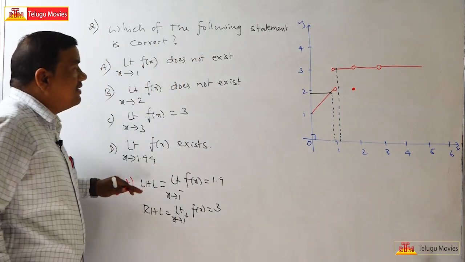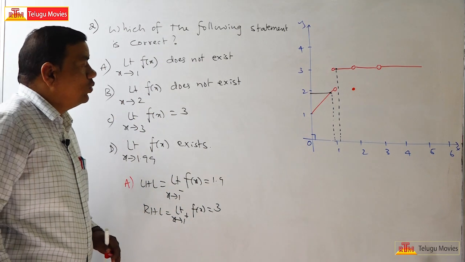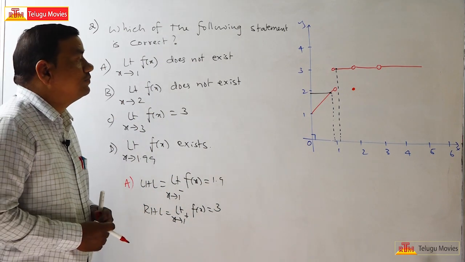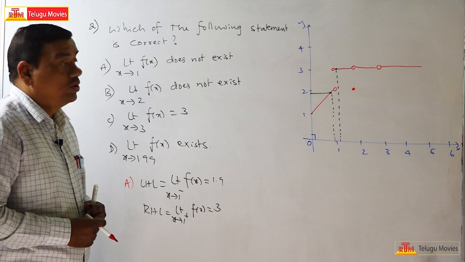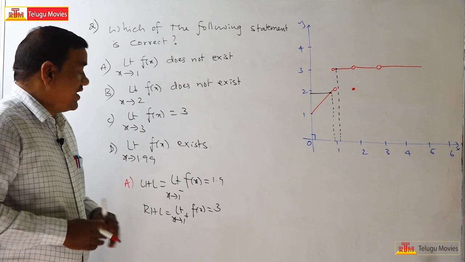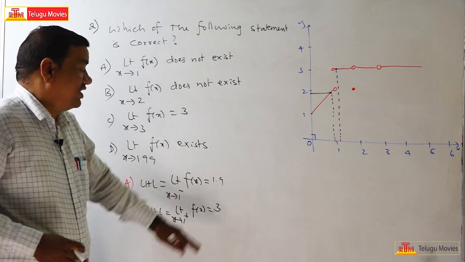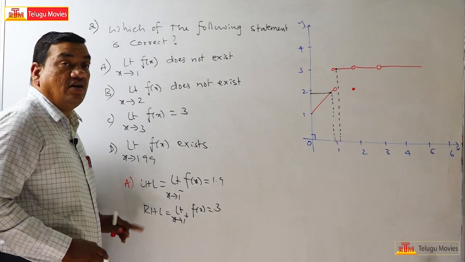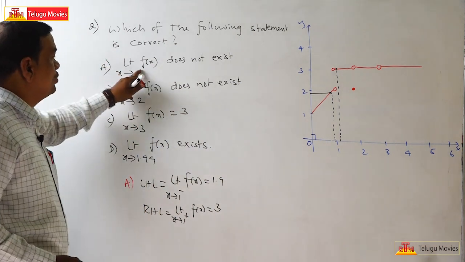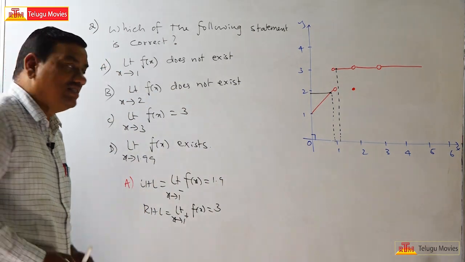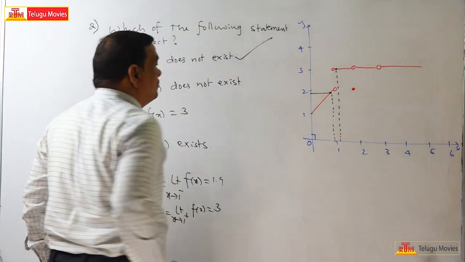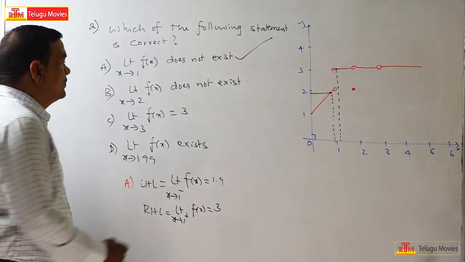The left hand side limit is something less than 2, and the RHL is 3. Therefore both are not equal, so limit x tends to 1 of f of x does not exist. It is the correct answer.